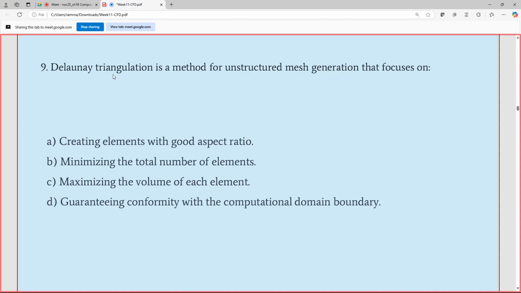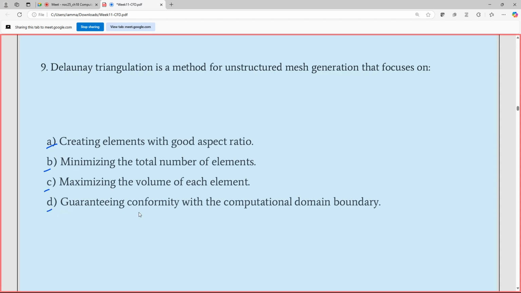The Delaunay triangulation is a method for unstructured mesh generation that focuses on which of the following? Options are option A, creating elements with good aspect ratio. Option B, minimizing the total number of elements. Option C, maximizing the volume of each element.